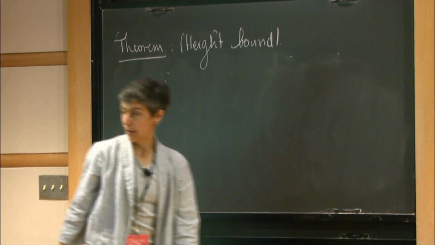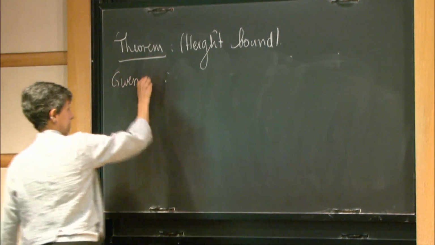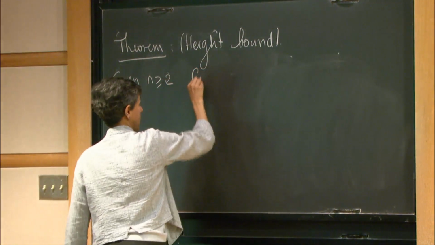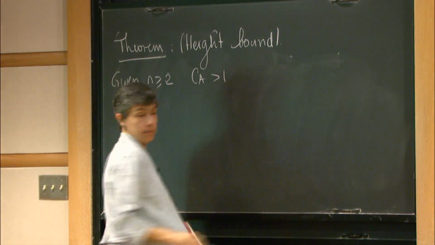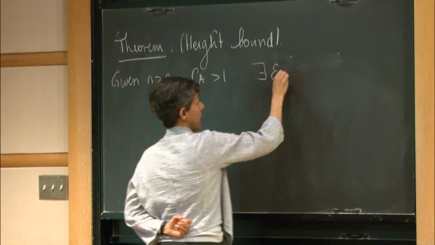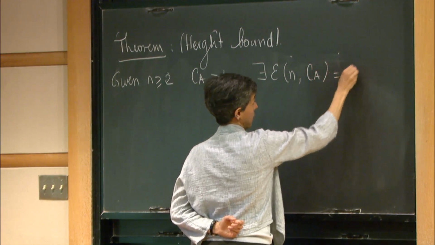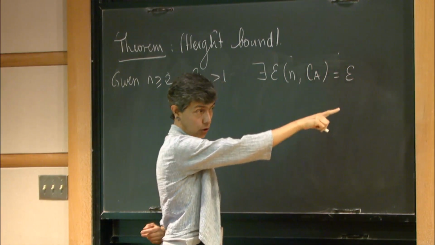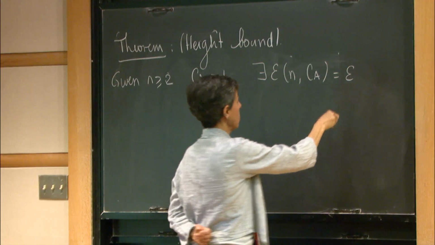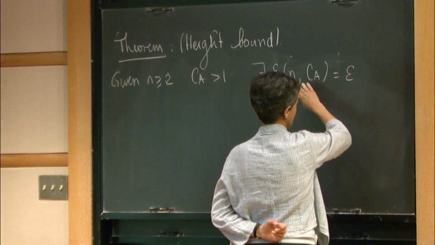That's the shorthand. So given n greater than 2, and a constant bigger than 1, there exists a number, an epsilon that depends on n and on the constant, we're going to call it epsilon. It's going to, of course, be small. You'll see in a second. It's going to be smaller than that number in some sense.